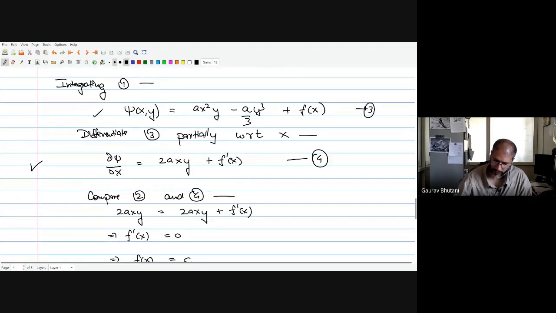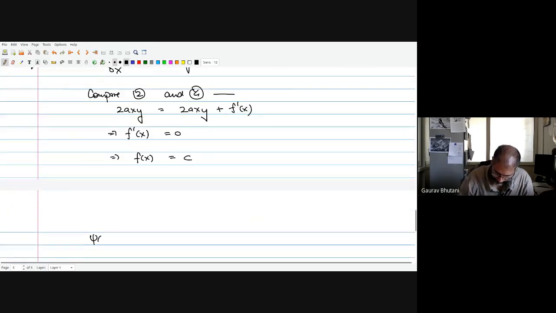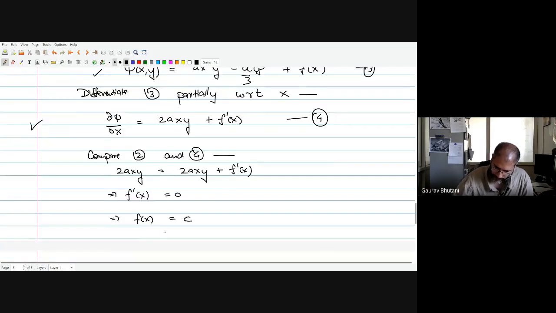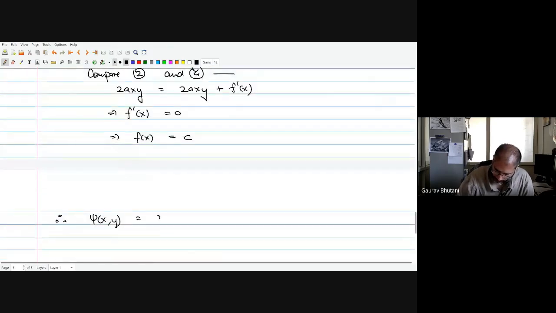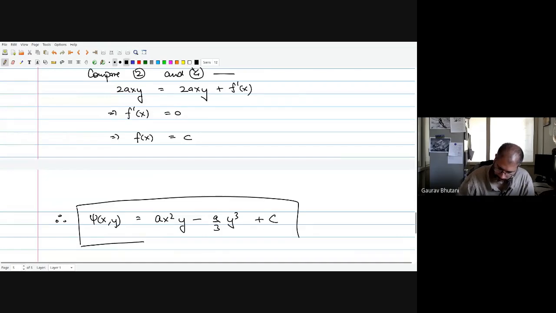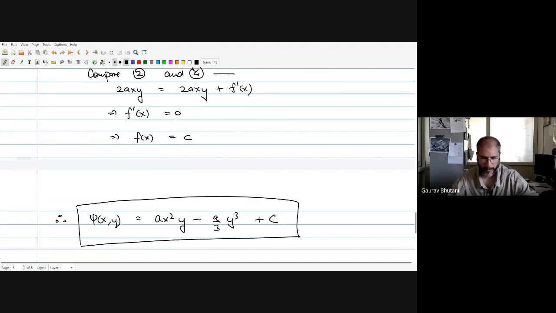So for 3, I can simply substitute f of x equal to c, and that gives my psi function.